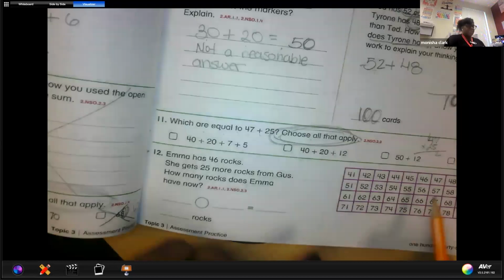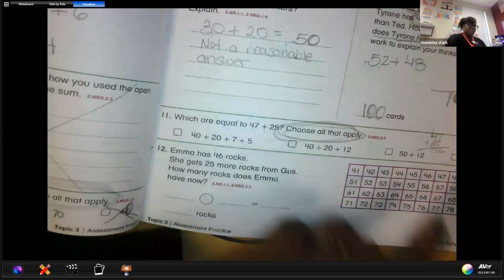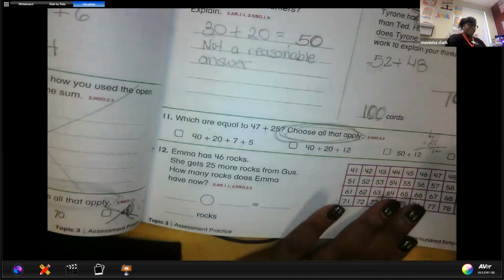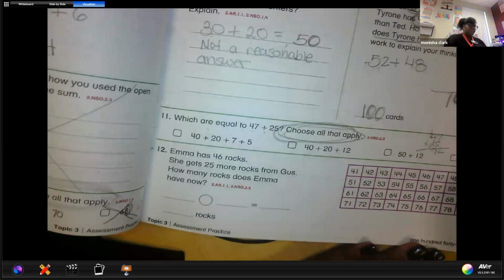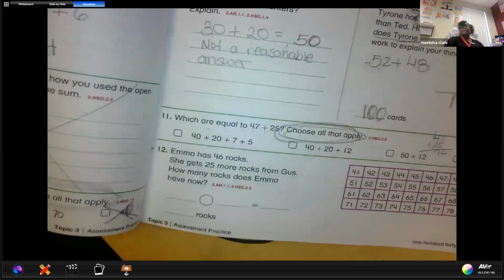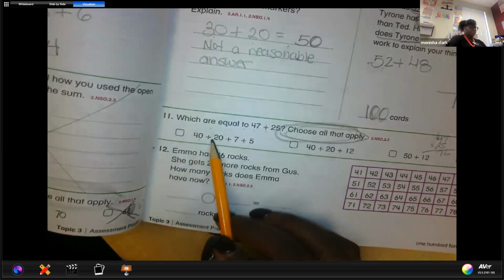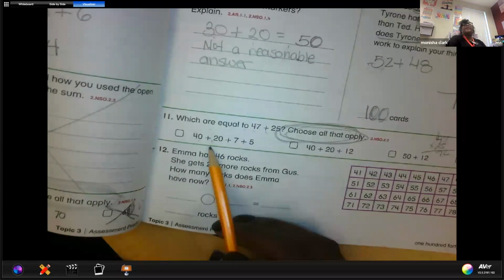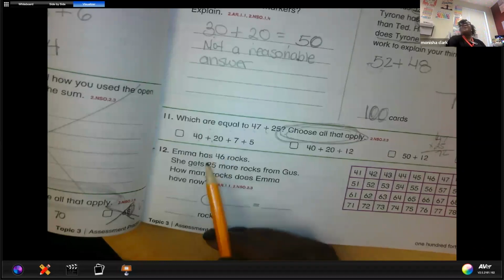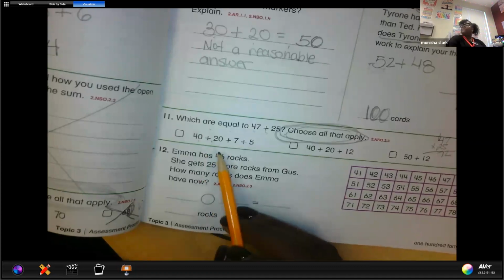Okay. So now we have 5, 6, 7 tens. So now we know 47 plus 25 equals what? So now we're looking for all the answers that equal 72. 40 plus 20 equals what, Reginald? 60. 60 plus 7 equals what, Ava? 67.